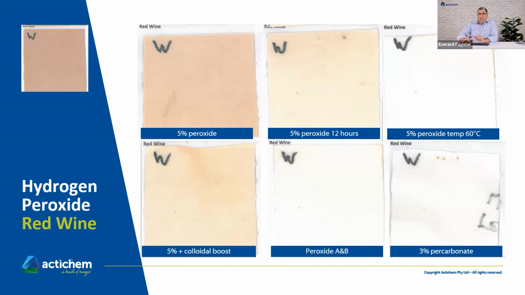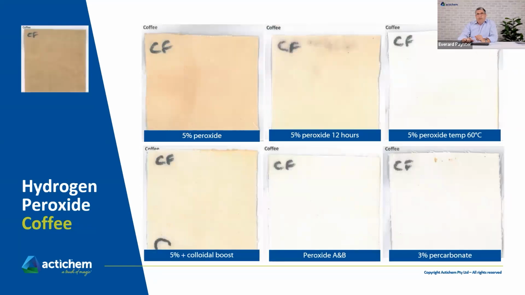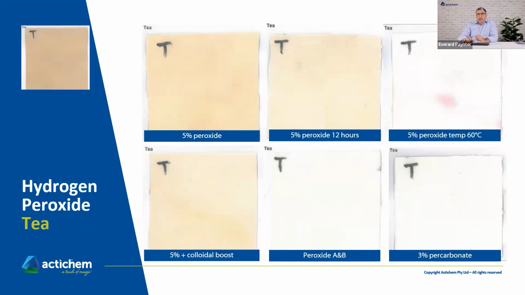So the results are repeated with coffee. We move across in a clockwise direction. You see the ability of hydrogen peroxide when it has been activated, when it has been boosted, when we have added a wetting agent to it. Then we have the tea. Once again, we move around.